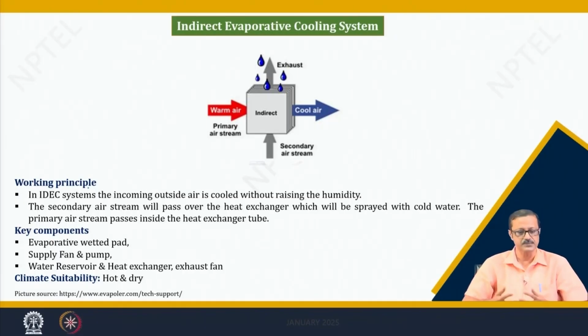So, in indirect systems the incoming outside air is cooled without raising the humidity. There will be some kind of humidity control, because whatever humidity is gained by the warm air will be taken care of by the secondary air stream.